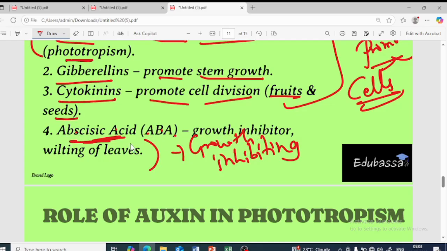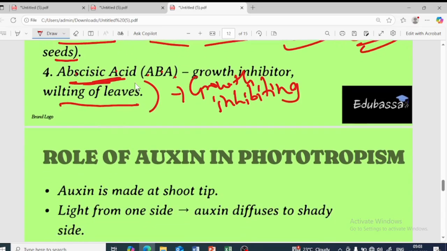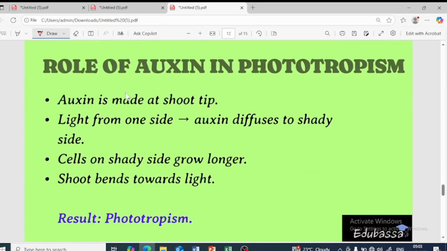Sometimes the plants will not have much water. When they do not have much water, they tend to close the stomata. Because of the closing of the stomata, wilting of the leaves, meaning falling of the leaves, takes place, which inhibits the growth. So what inhibits the growth? Abscisic acid.